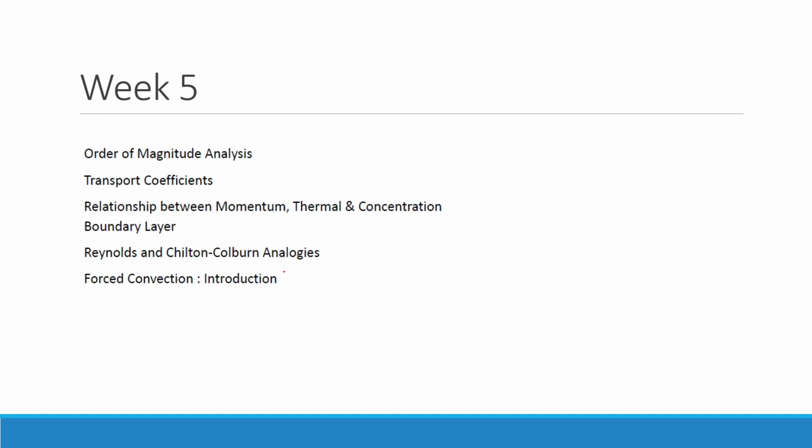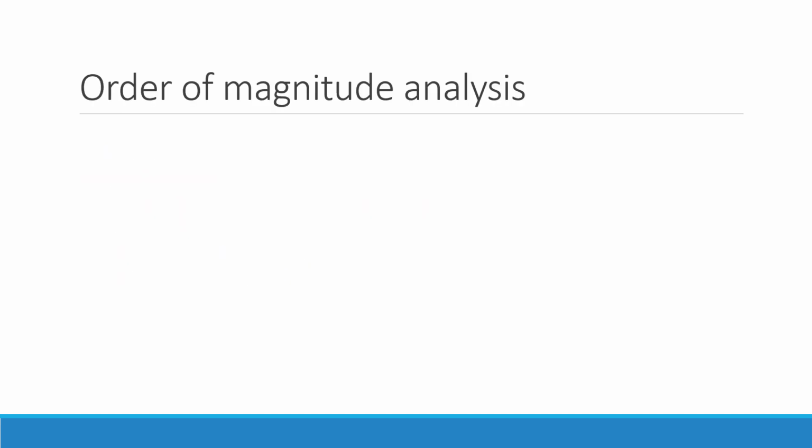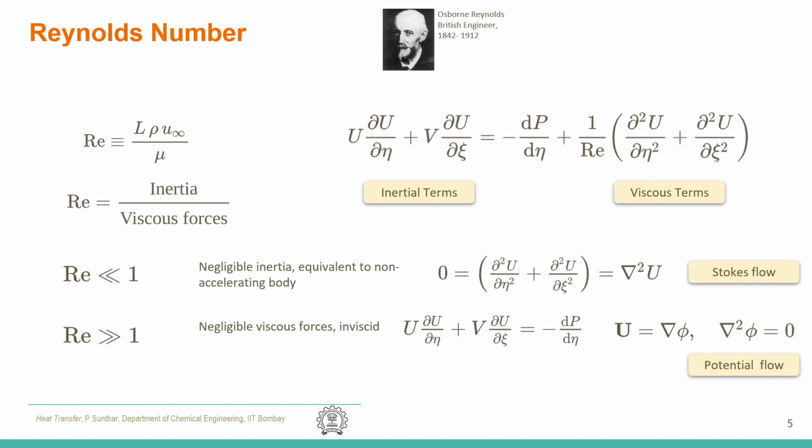Before that, I will just revise a few of the formulas that will be helpful to solve the questions related to it. From the order of magnitude analysis, which we did on the boundary layer theory equations, that is basically momentum balance equations, we had a few dimensionless numbers defined that will be useful to solve the numericals.